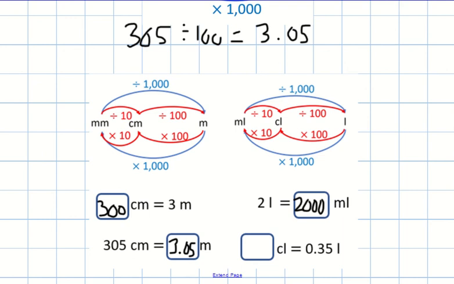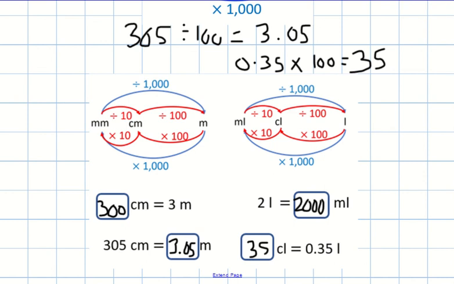Well, if I'm at 0.35 and I have to get to centilitres, I have to times by 100. So 0.35 times 100 is going to equal 35, because as a calculation, 0.35 times 100, I know I have to move 2 places on a place value grid.